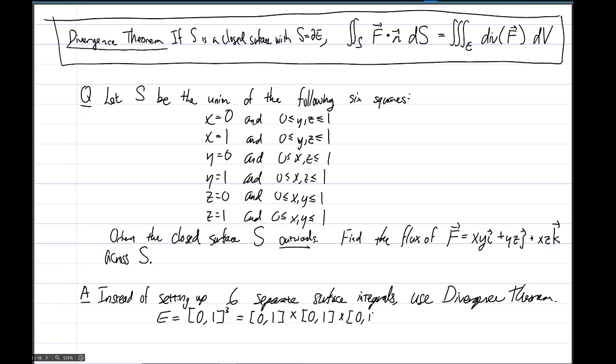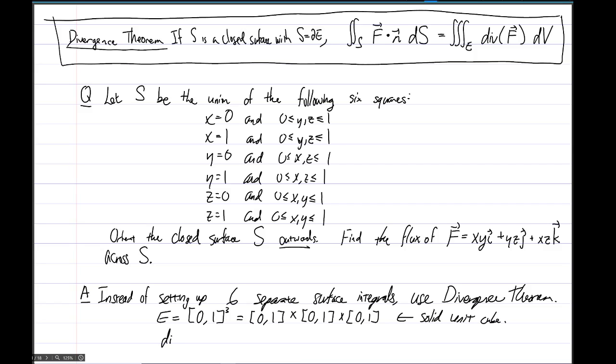So in other words, every point we're looking at has an x coordinate between 0 and 1, a y coordinate between 0 and 1, and a z coordinate between 0 and 1. So that's the solid unit cube. One of the vertices of the cube is the origin. Another one of the 8 vertices is the point (1, 1, 1). Another one is (1, 0, 1), and so on.